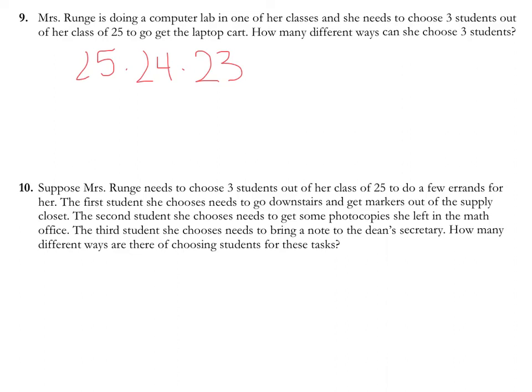If I pick Alice, then Jess, then John, that's not going to be any different if I pick John, then Alice, then Jess. And so the order doesn't matter. It's still going to be the same group of 3 students who are going to get the laptop cart. So we want to divide by 3 factorial. And we get a total of 2,300.